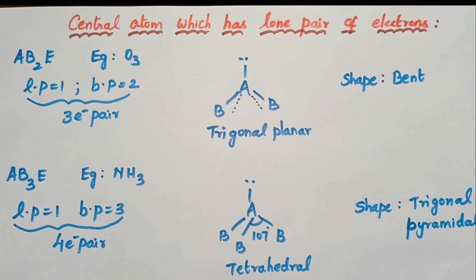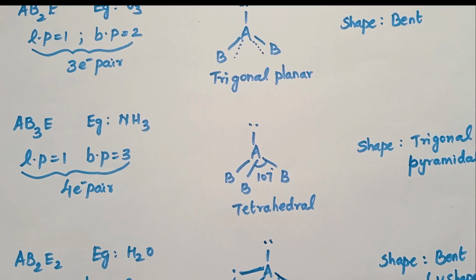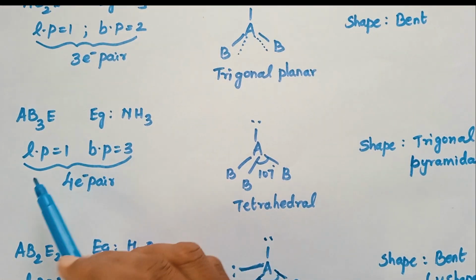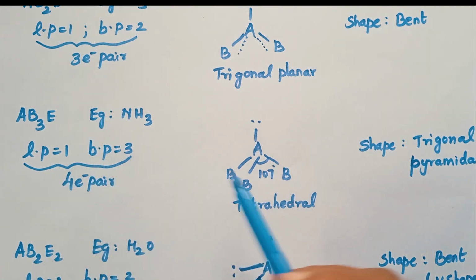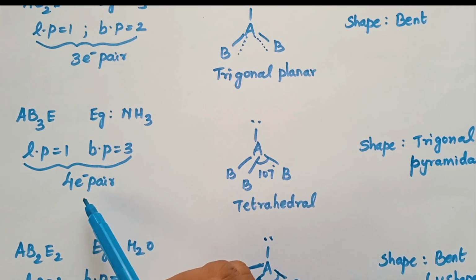Okay. The next type is AB3E. The example for such a molecule is NH3, ammonia. Here the lone pair is equal to 1 and the bond pair is equal to 3. 3 bond pairs and 1 lone pair. Totally 4 electron pairs are there.